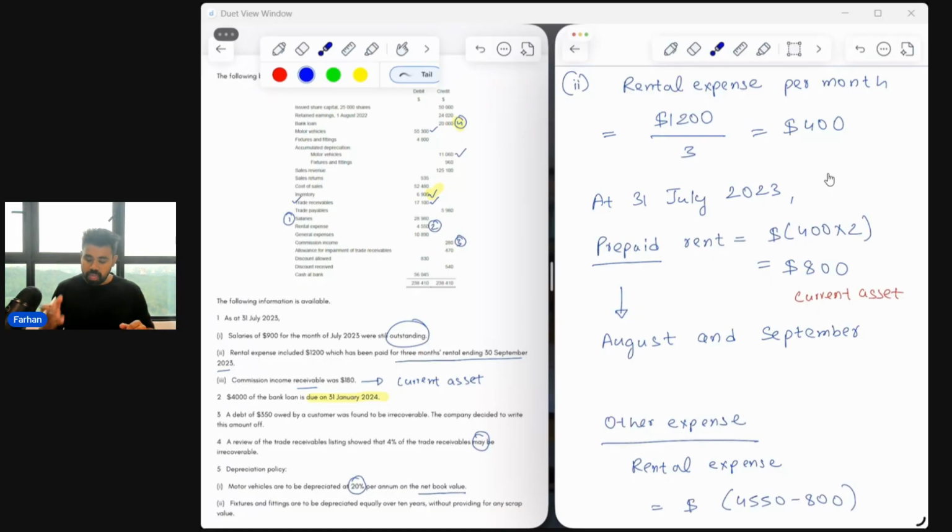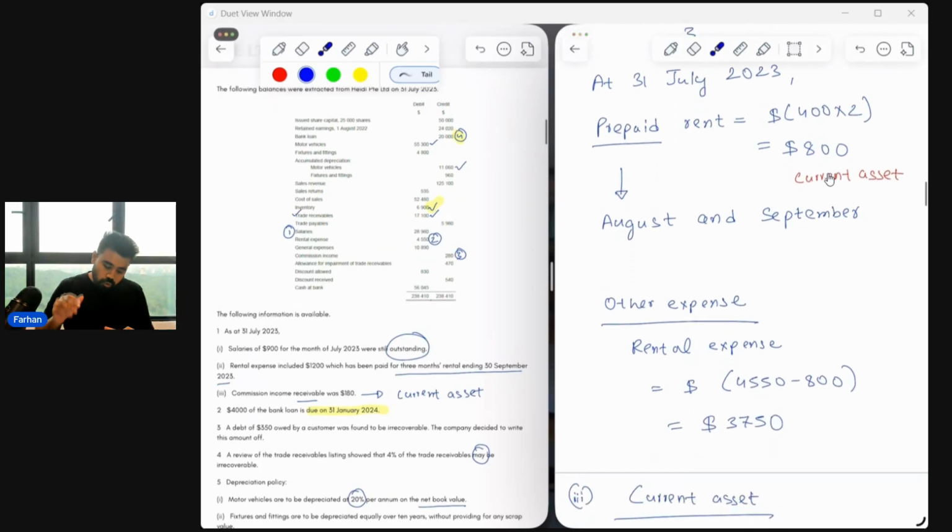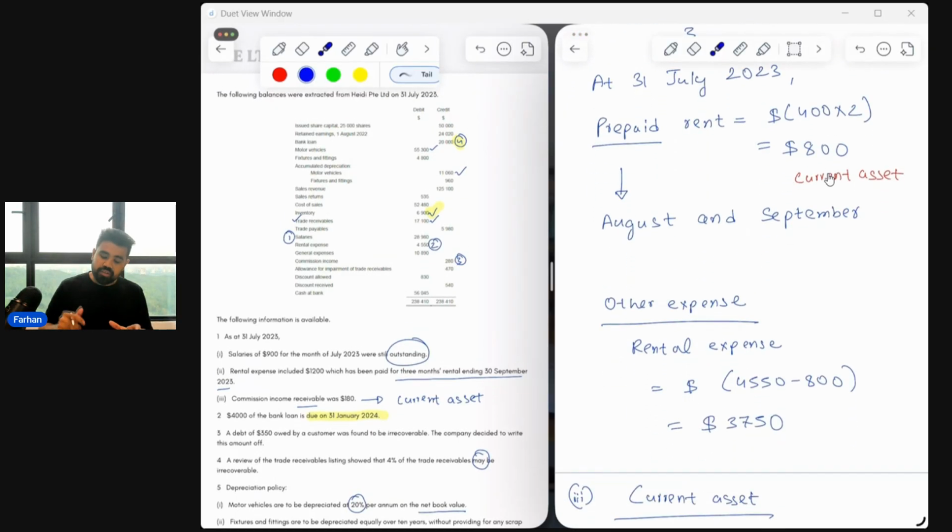All right. Now, when you report the rental expense amount in the statement of financial performance in the other expense section, you will report 4,550 minus 800. So where did we get this 4,550 from? So check the list of balances that are given to us, and you will see that we have got rental expense of 4,550 here, which includes all the amount that we have already paid in cash for the purpose of rent.